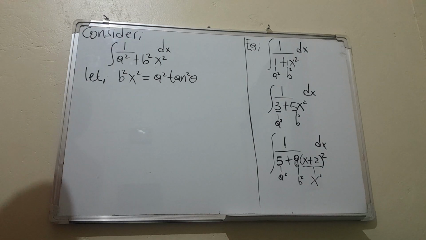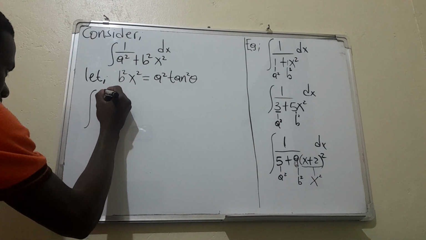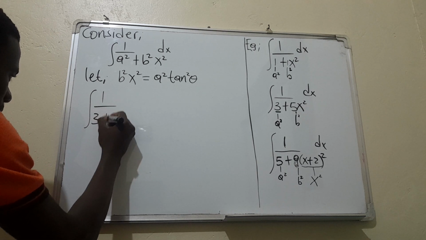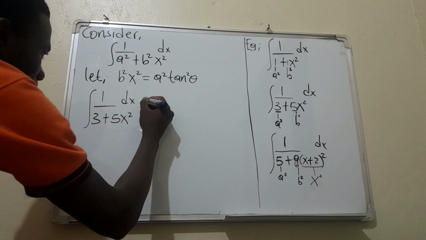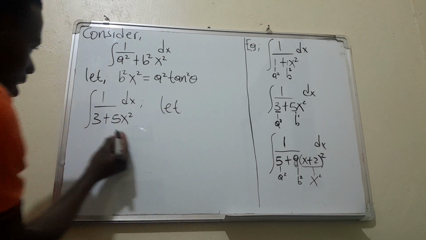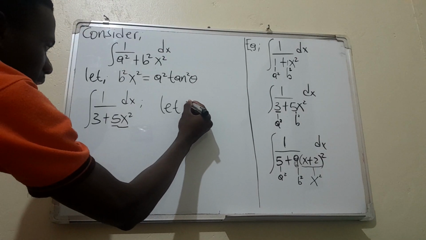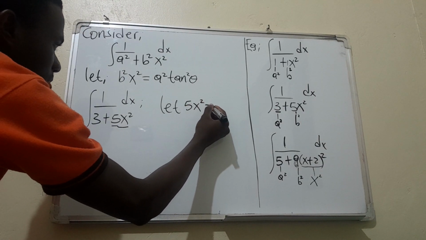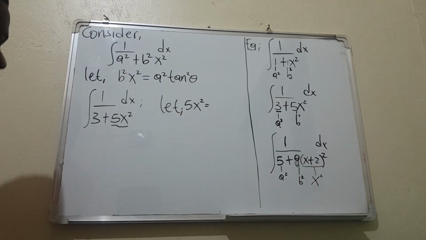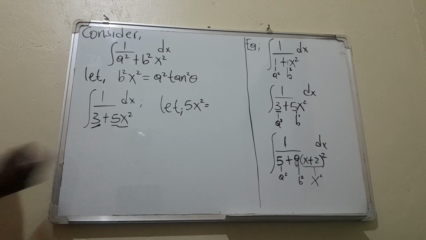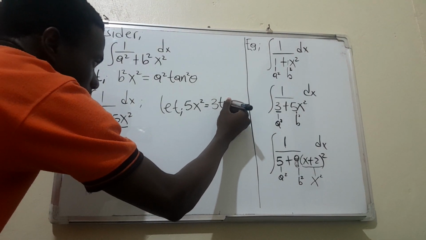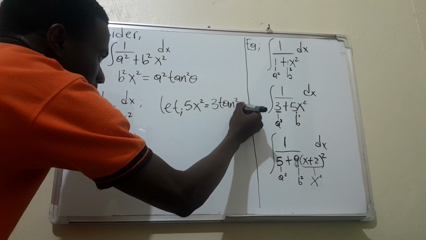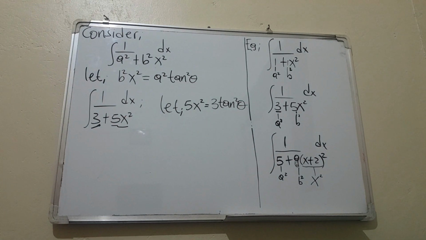For example, if I'm having the integration of 1 over 3 plus 5x squared dx, you will let 5x squared equal to 3 multiplied with tan squared theta. So that is how we let.